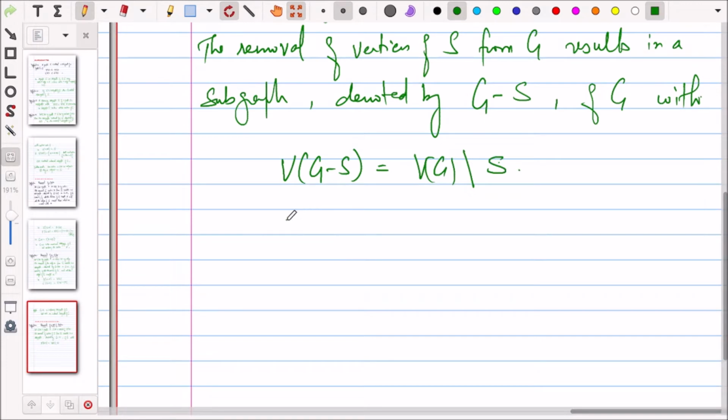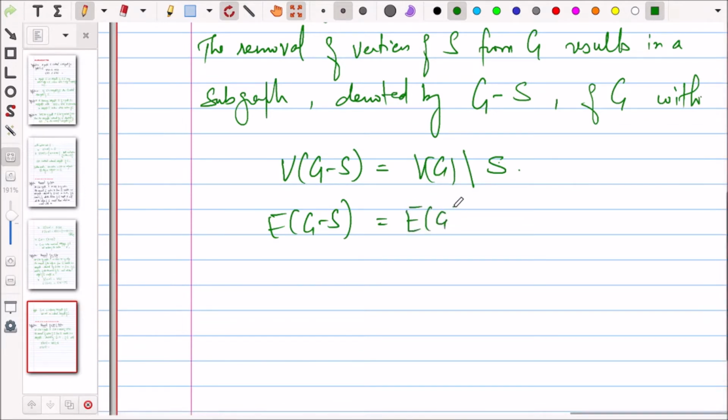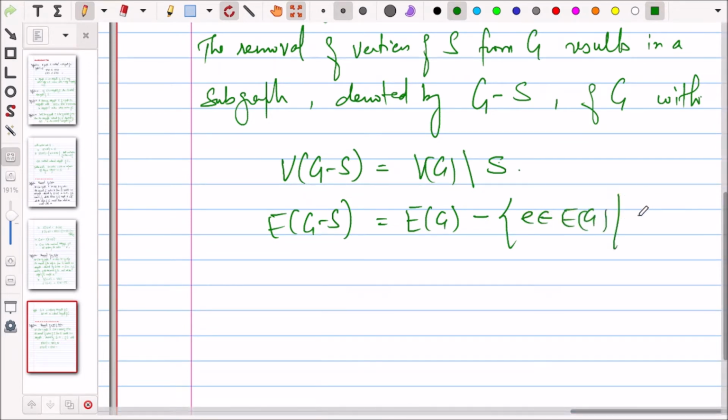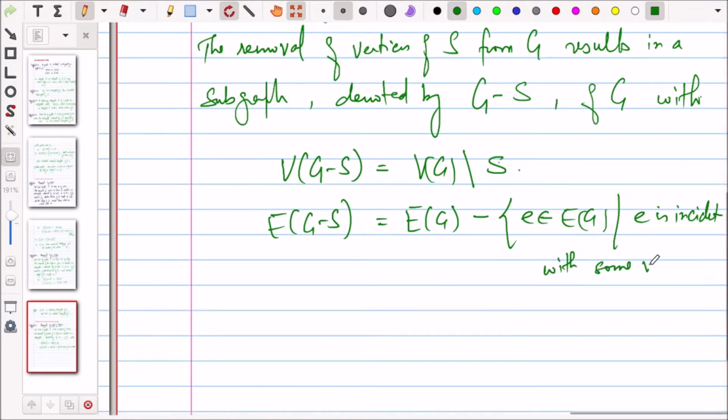And what will be E of G minus S? It will be E(G) minus all those edges which are incident with some vertex in S. So we will remove all those edges which are incident with some vertex in S. ठीक है.